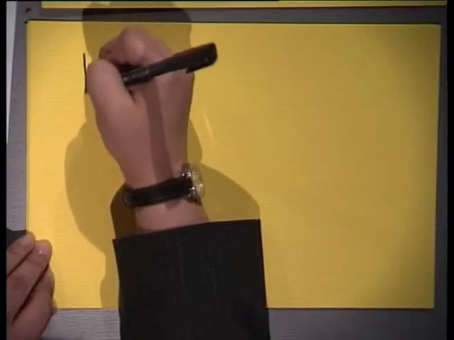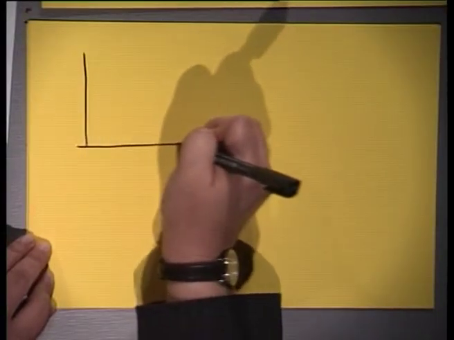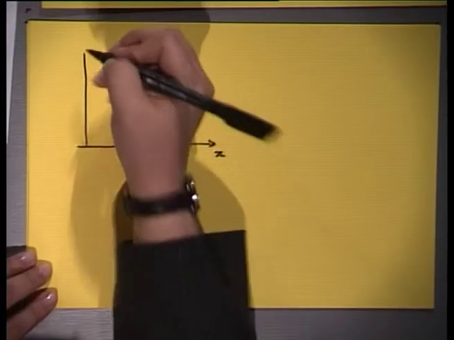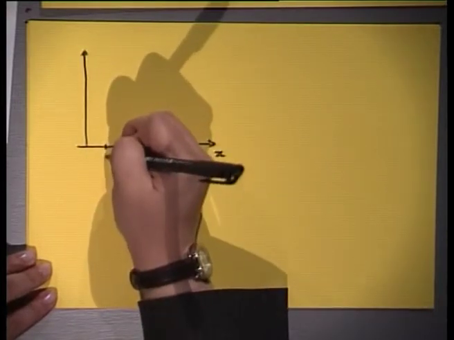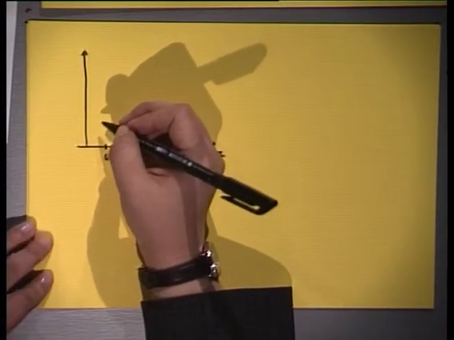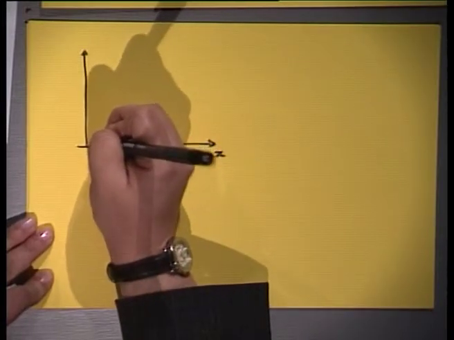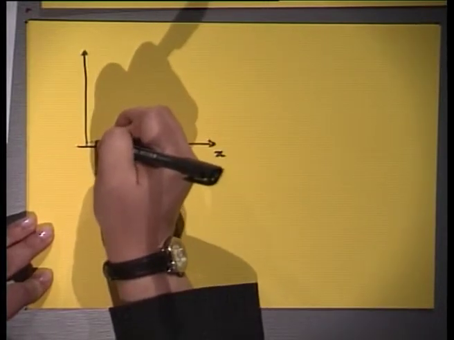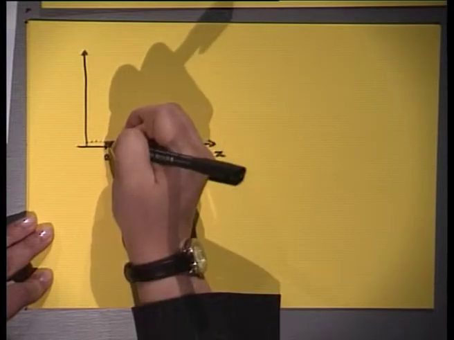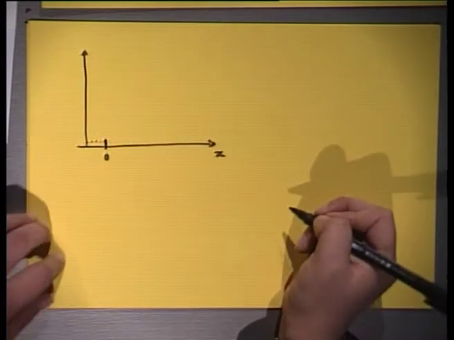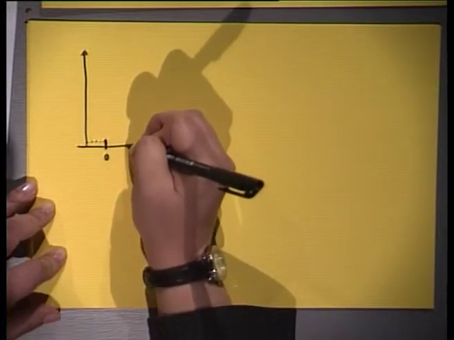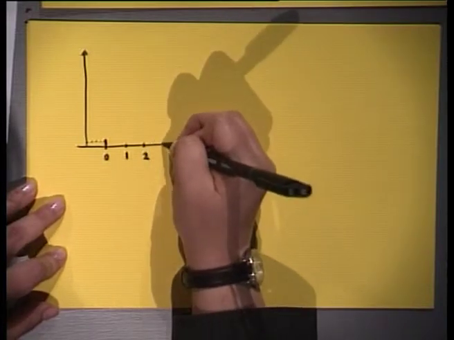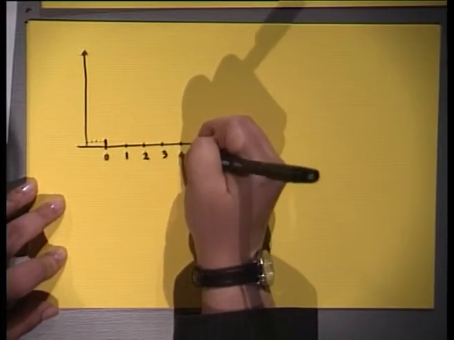We have for 0 that the probability is 1 over 256, so it's quite a small number compared to the others here. Now for X equals 1, we're going to put 2, 3 and 4.